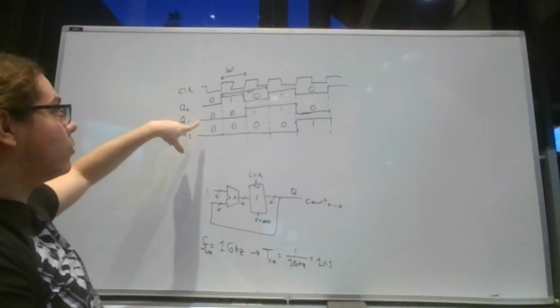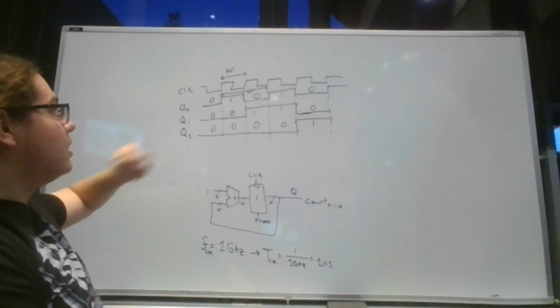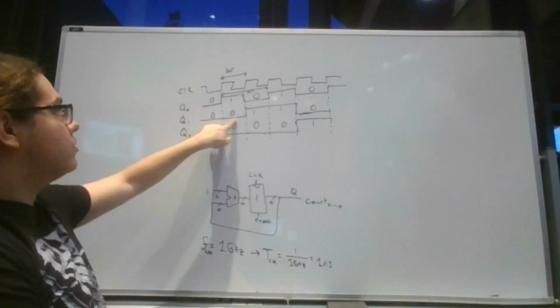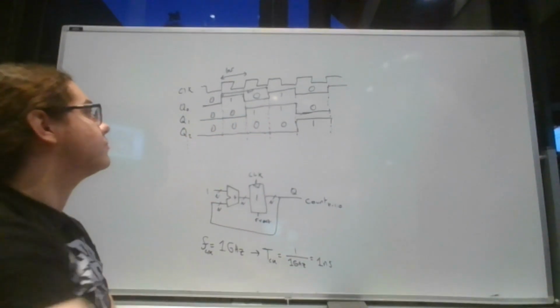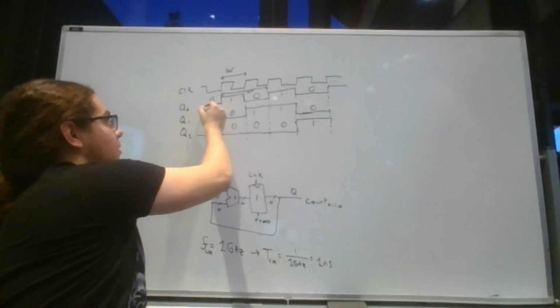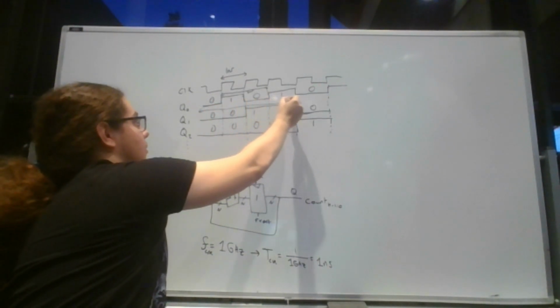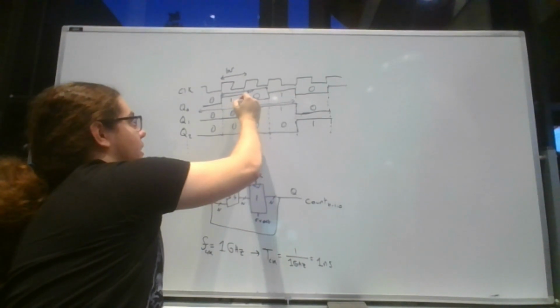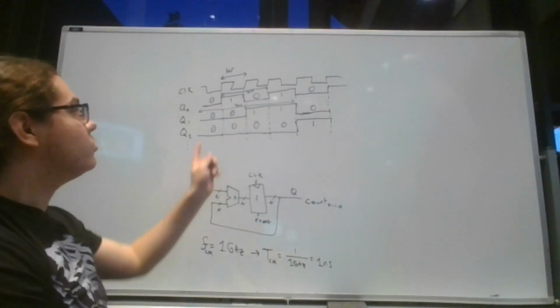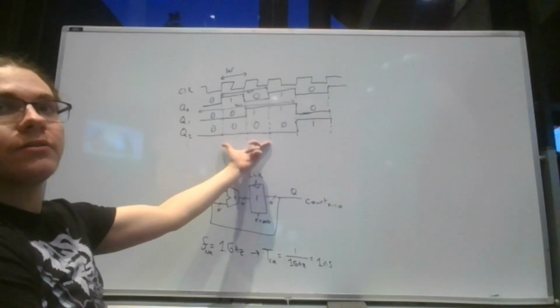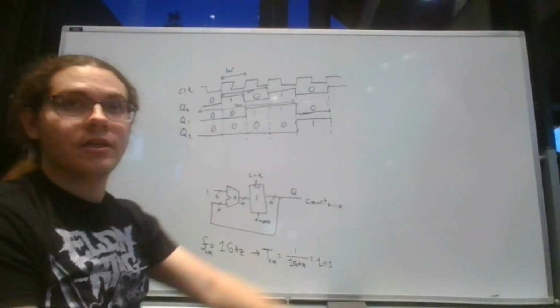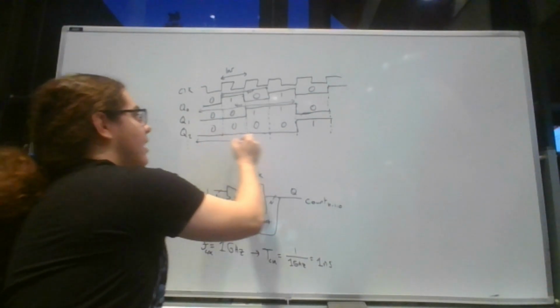The clock period for Q1 is going to be 1, 2, 3, 4 clock cycles before it heads back down to 0. So that's this entire distance right here. And that's 4 nanoseconds. And you can't see it now, but Q2 is going to be low for 4 clock cycles and then high for 4 more clock cycles. So it's going to be a total period of 8 nanoseconds.